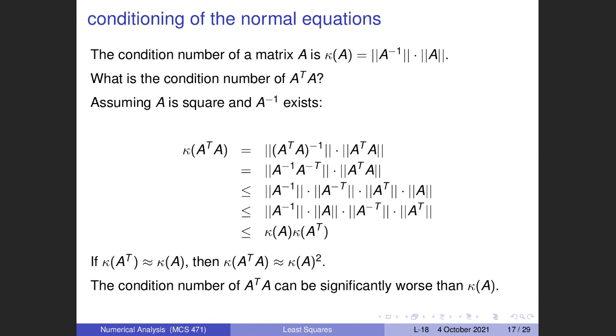So remember, the condition number is magnifying the errors on the coefficient matrix. Formally, we define this as the norm of the inverse times the norm of the matrix. Now let's look at the condition number of A transpose A. We are still assuming that the problem is well posed.